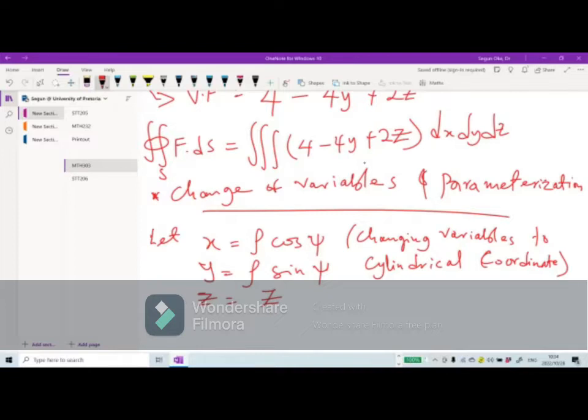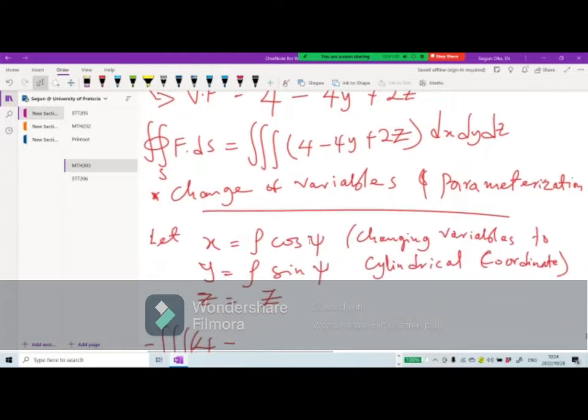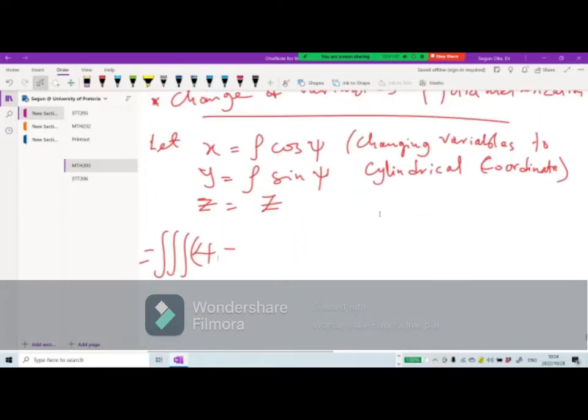And don't forget, in this case now, anywhere you see x, we have a triple integral now. We have 4 minus 4y. What is y? Substitute the y here. Some people use theta. You can use anything you like. So 4 rho sin psi plus 2z, because z is z, but multiplied by the Jacobian, which is J. So our J in this case is rho.